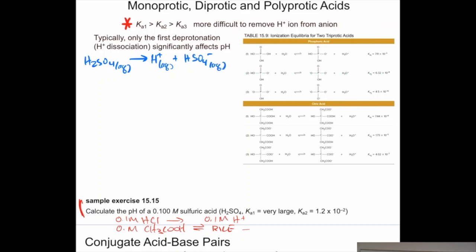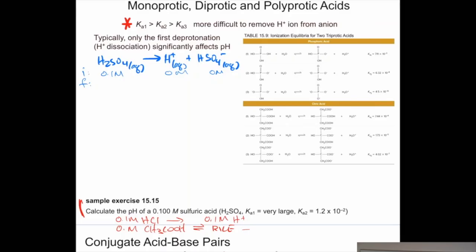And we don't need a RICE table for this one because it goes to completion. So we can just say initially we started with 0.1 molar and we have 0 molar here and 0 molar here. So what's it going to look like final?